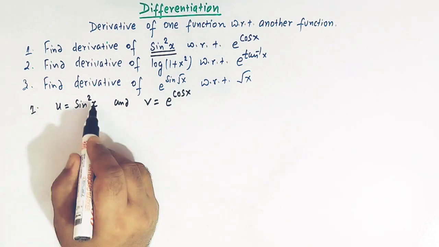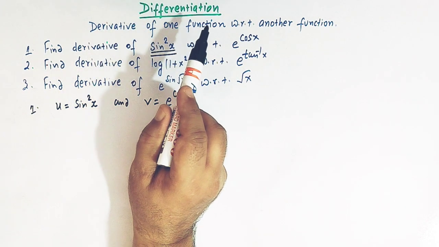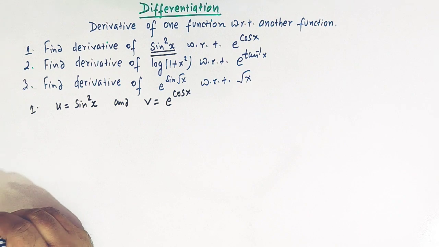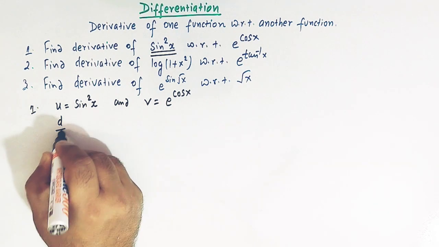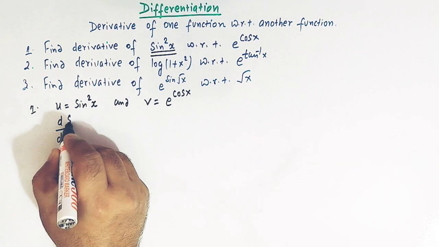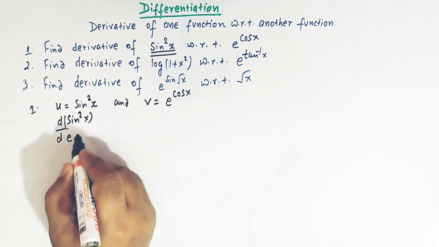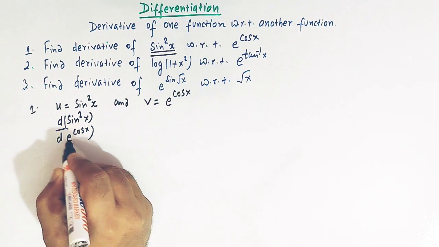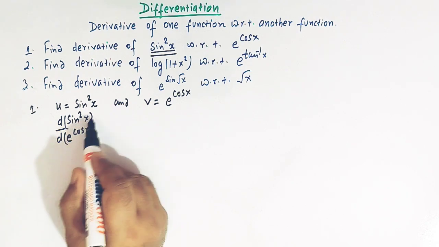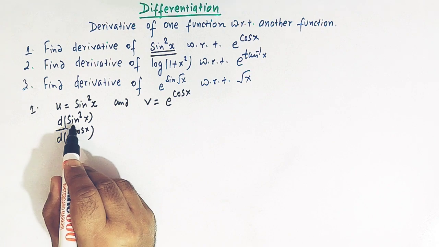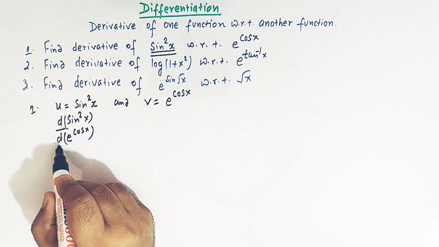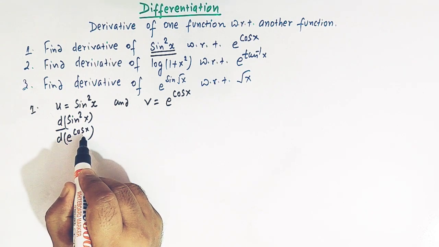Now we have to find the derivative of one function with respect to another, so we have to find the derivative of sine square x with respect to e raised to cos x. The notation should be d of sine square x by d of e raised to cos x.